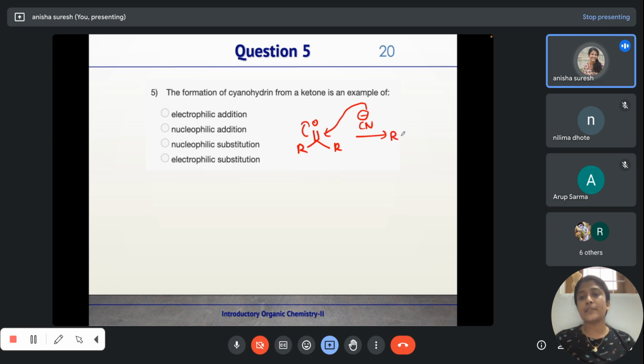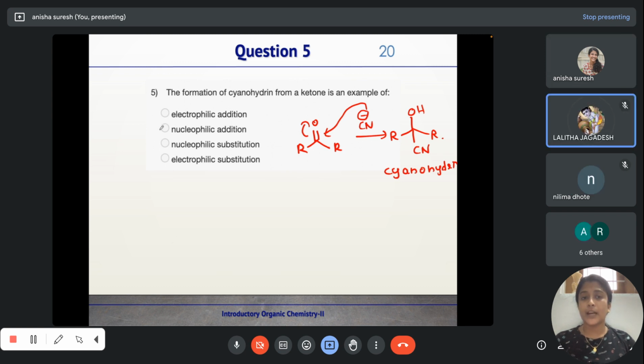It will result in the formation of a cyanohydrin. So this is an example of what kind of reaction? Is it electrophilic addition, nucleophilic addition, nucleophilic substitution, or electrophilic substitution?